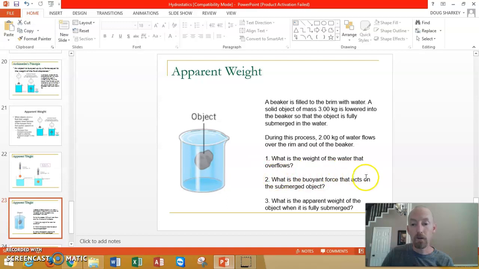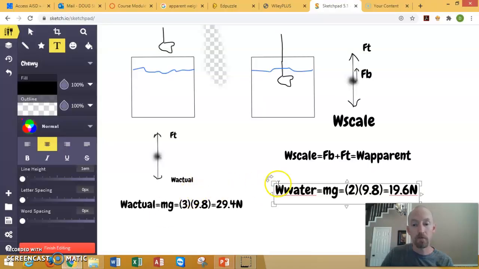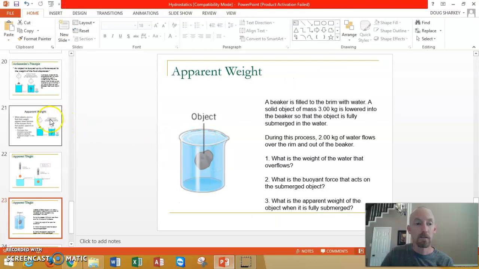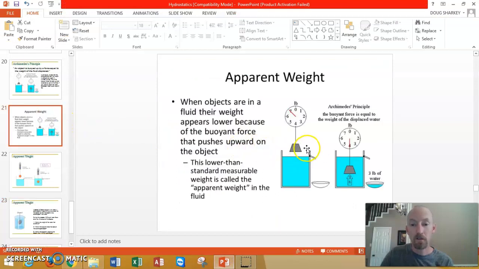Now, what is the buoyant force that acts on this thing? What does this weight of water represent? If you look at this picture, our actual weight was 7 before you put it in the water. When you put it in the water, it goes down to 4. Some water spills out. You see it says 3 pounds, and there's this little arrow here that says 3 pounds.